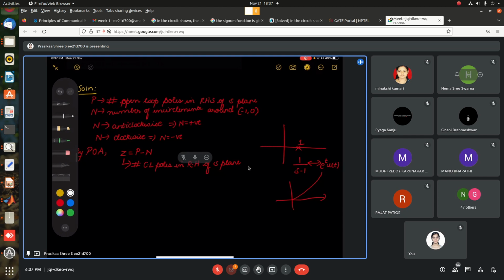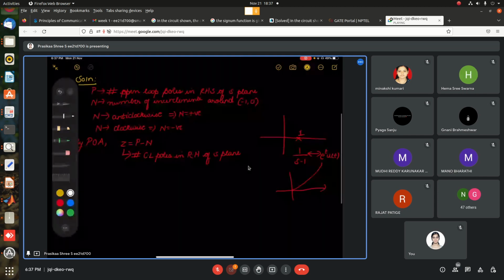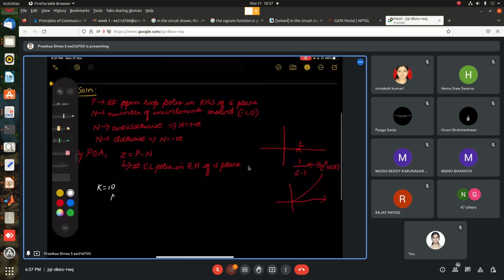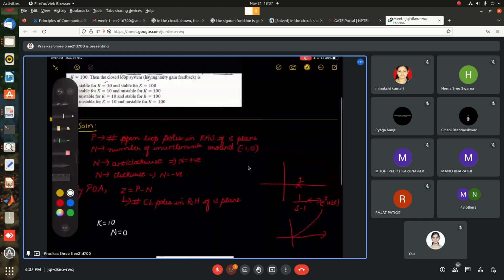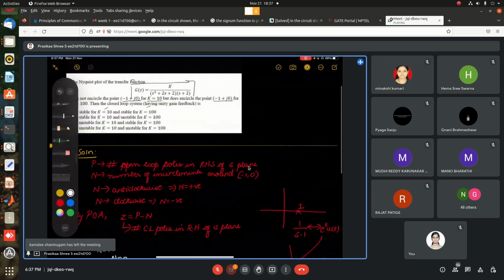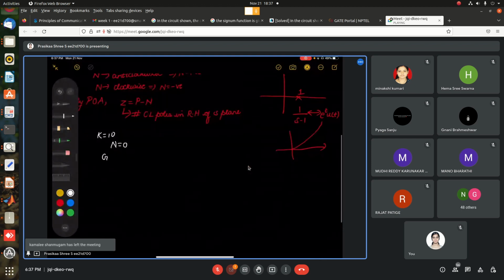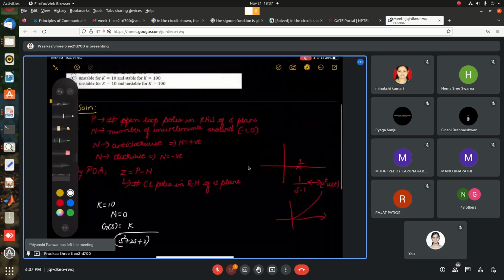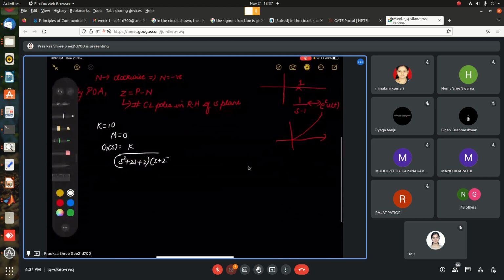Okay. So for K equal to 10, they say it does not encircle, meaning N is equal to 0. Alright. So we have G of s equal to K by (s square plus 2s plus 2) into (s plus 2).